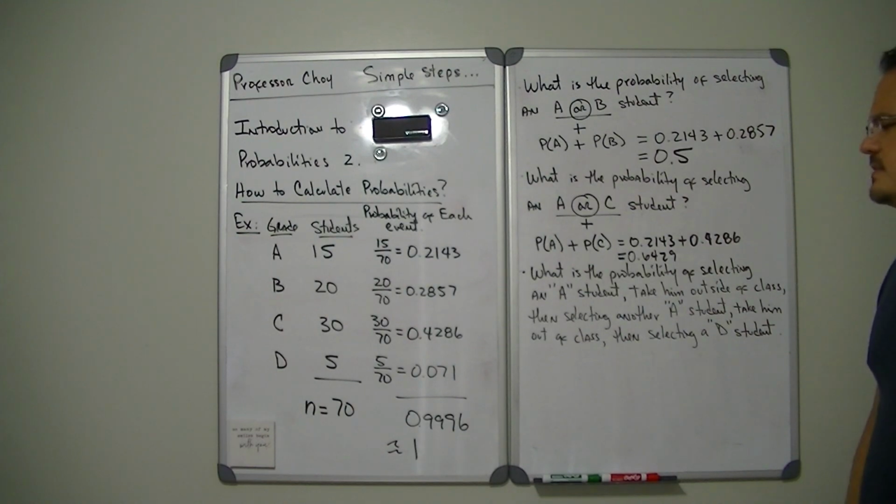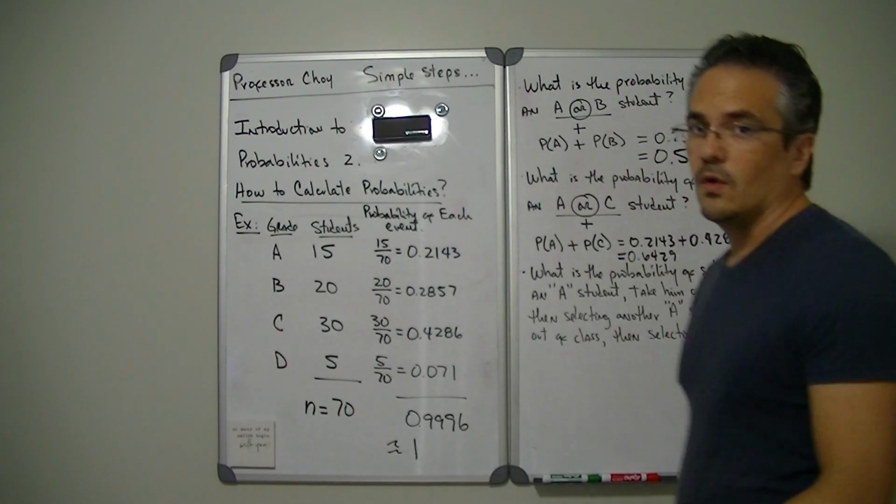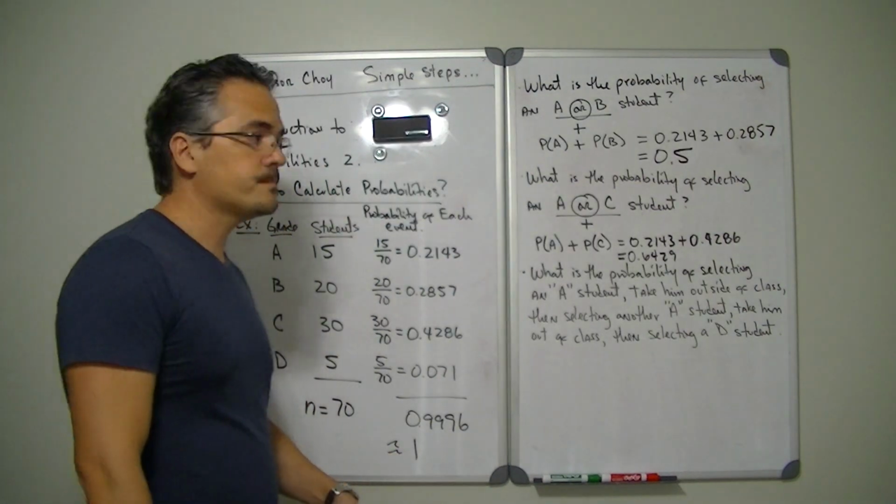And that is the probability of selecting either an A student or a C student.